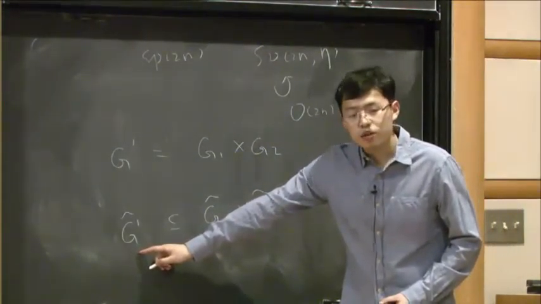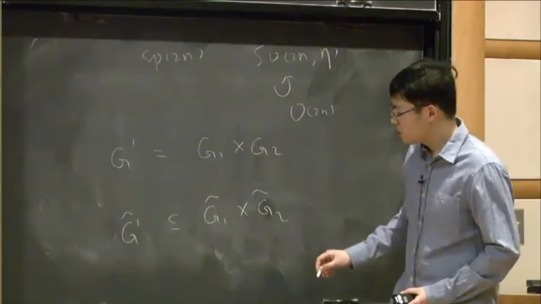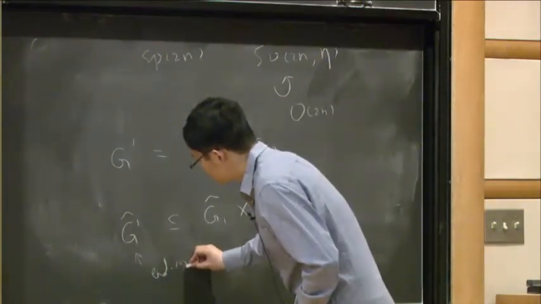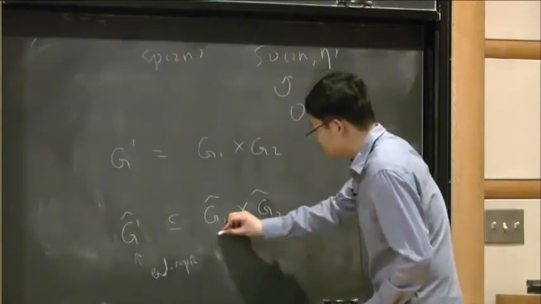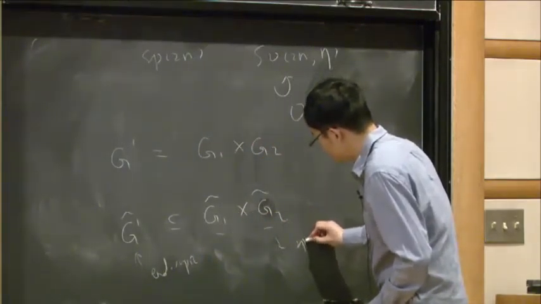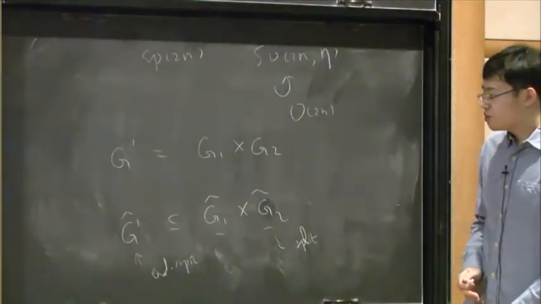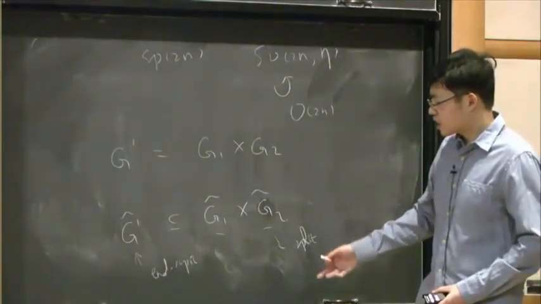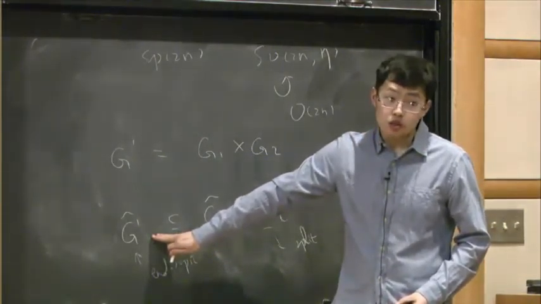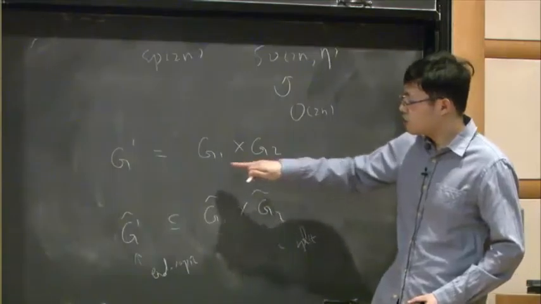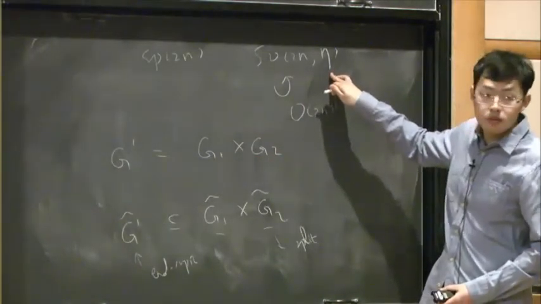But for this to be endoscopic, both of these have to be split. So in some sense, there are fewer endoscopic groups for the similitude group compared with, say, the symplectic group, where you can allow another twist by eta.